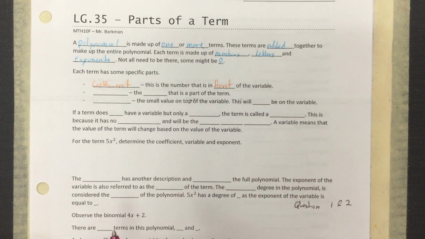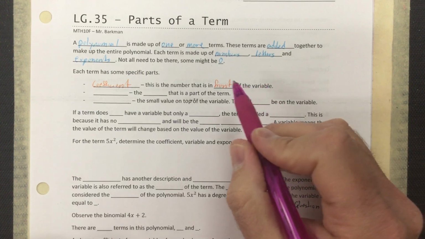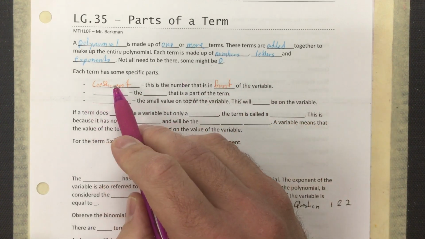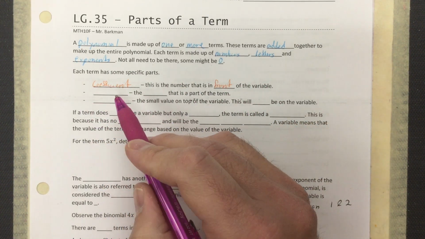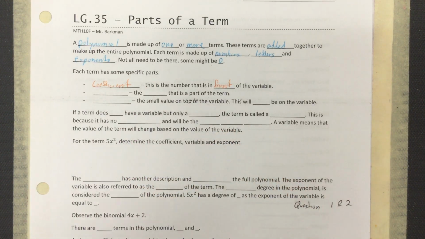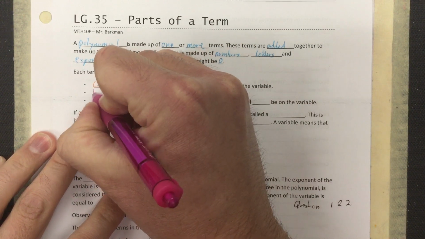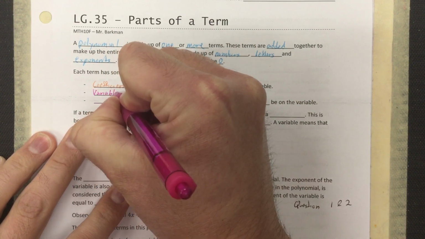That number is what we call the coefficient, and that's what we're going to be referring to it as from now on.